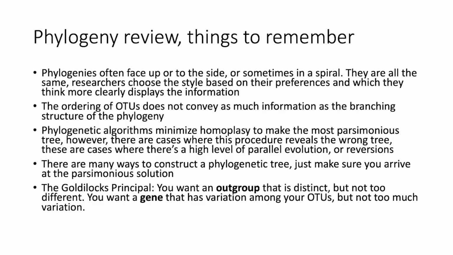Phylogenetic algorithms minimize homoplasy to make the most parsimonious tree. But in doing that, there are cases where homoplasy does happen, parallel evolution does happen, and that can really distort our ability to interpret phylogenetic relationships. There are many ways to construct phylogenetic trees.